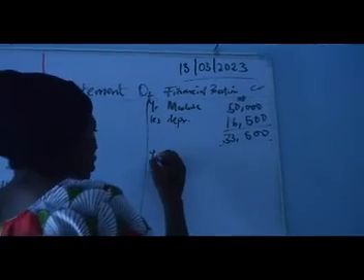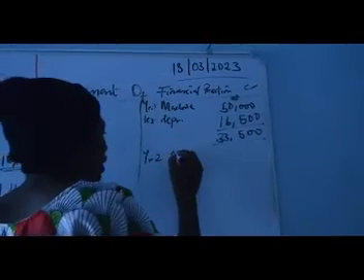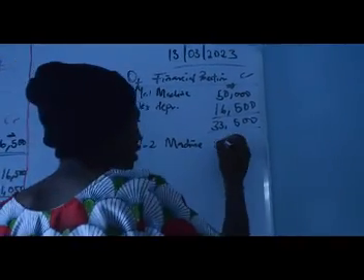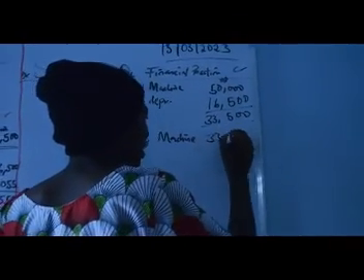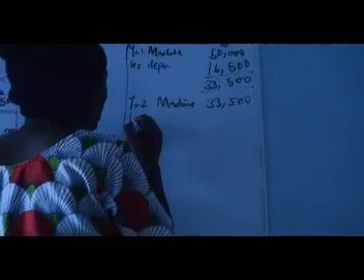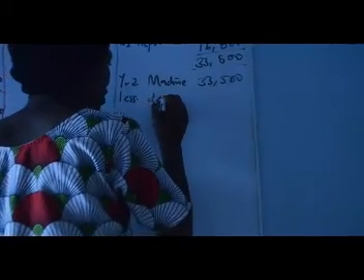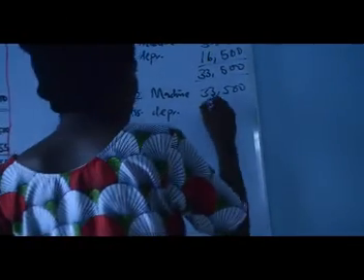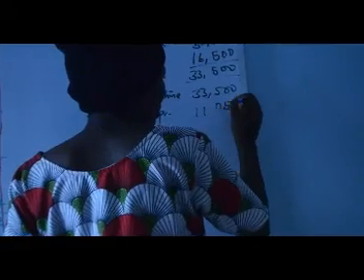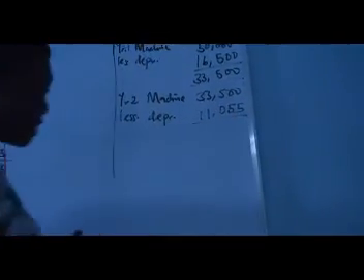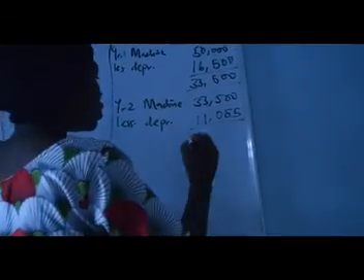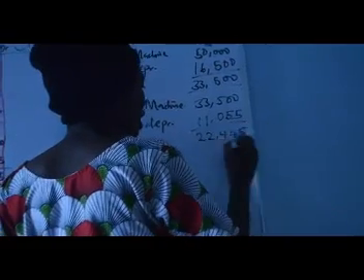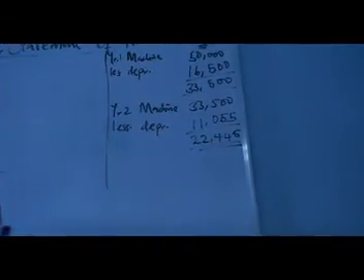For our second year, our machine value, like we saw in our workings, will be 33,500 naira, right? And we'll be lessing annual depreciation for the second year, which is 11,055 naira. So when we less that, we'll be having 22,445 naira, and that's it for the second year. Now we'll be opening for the third year.